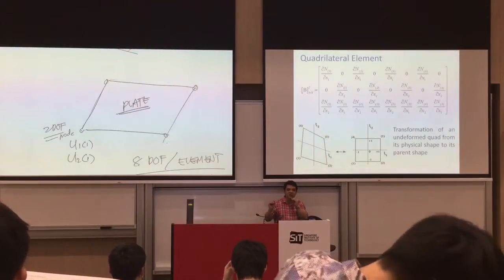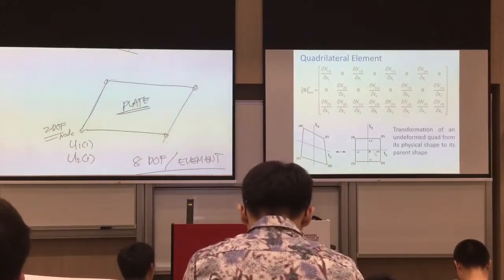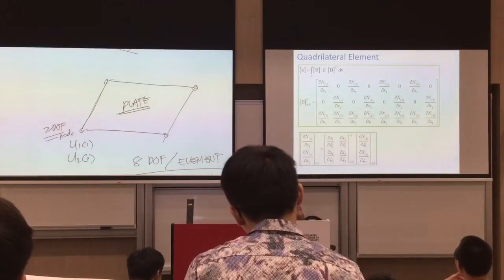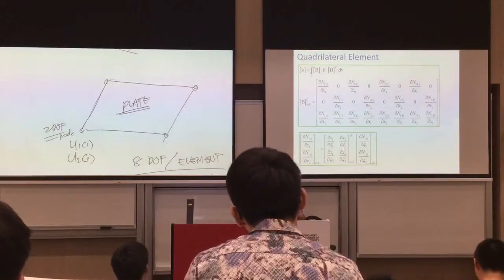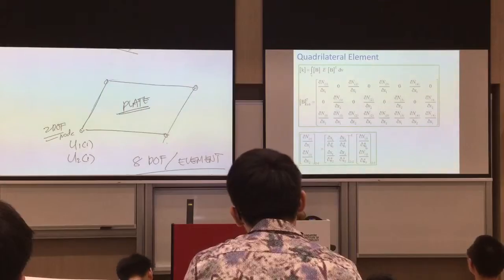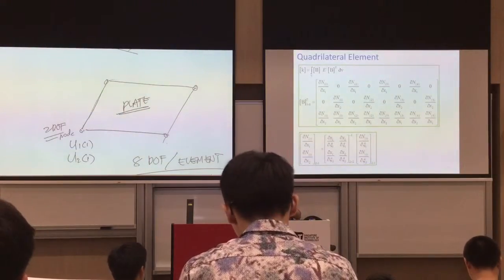Don't have to change. So once you have your shape function, then you have to determine your Jacobian matrix.